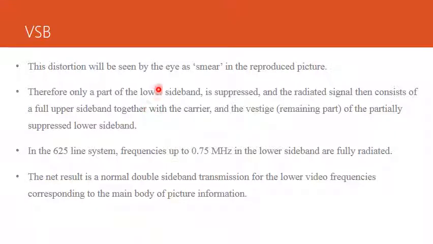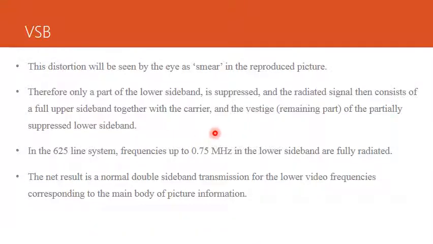So in case of TV signal, both the lower and upper sideband are very close to the carrier signal, and with the help of a filter it is not possible to suppress any one of the sidebands. So what we will do is suppress only a part of the lower sideband, and the radiated signal then consists of a full upper sideband together with the carrier and the vestige of the partially suppressed lower sideband.